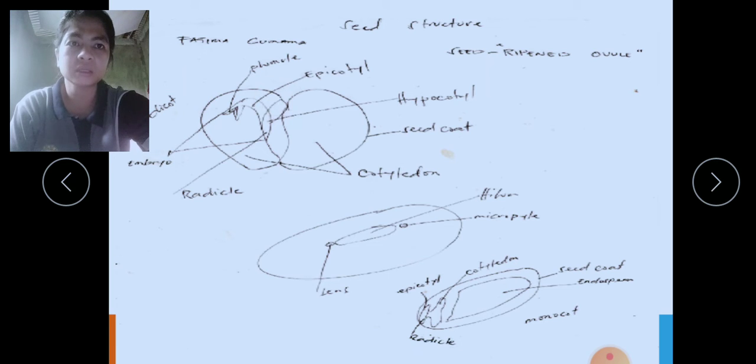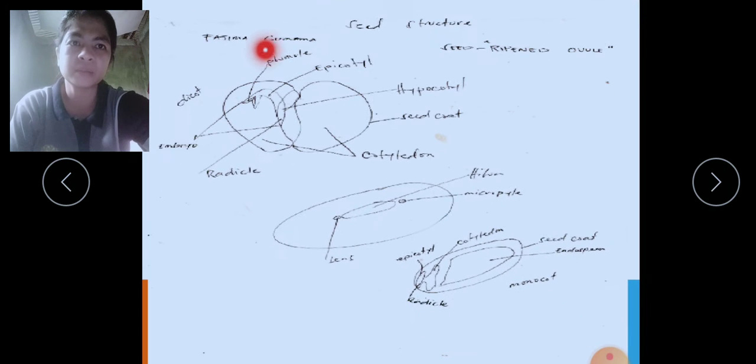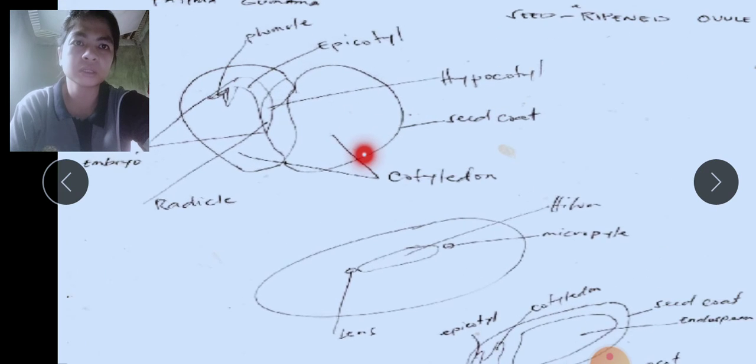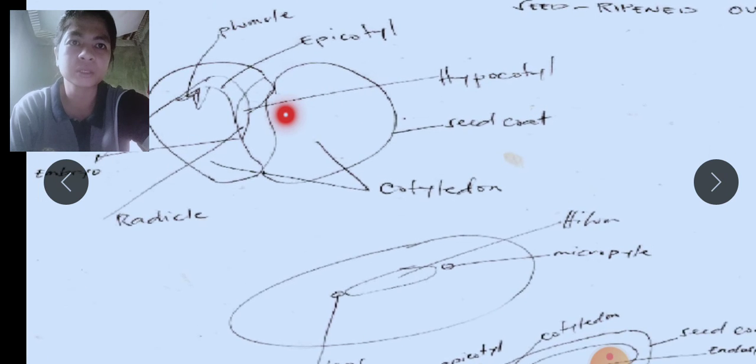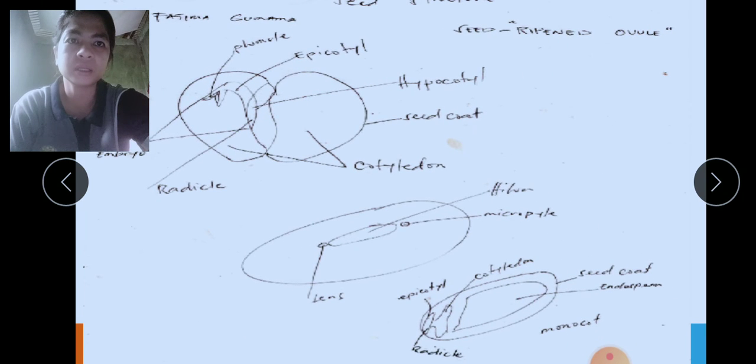And then the hypocotyl, or the primary shoot, which is the stage between the radicle and the epicotyl. And then the epicotyl, the tiny stem. And then the plumule, which becomes the leaves of the plant.